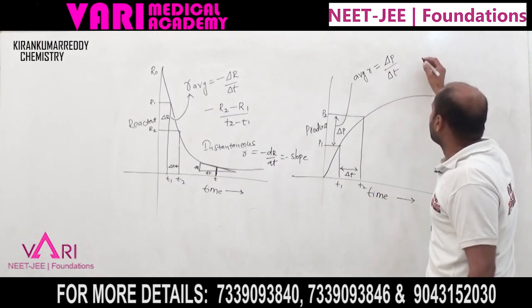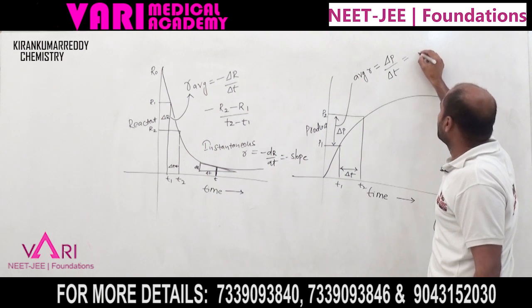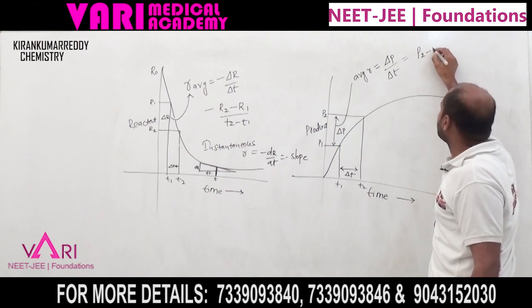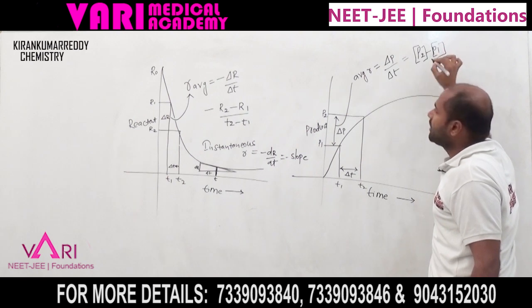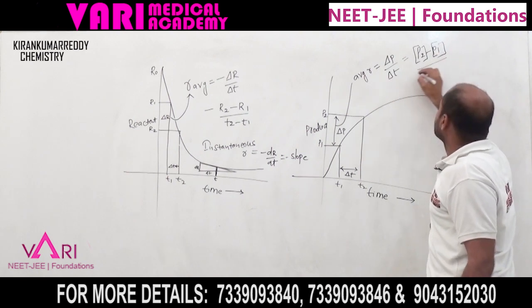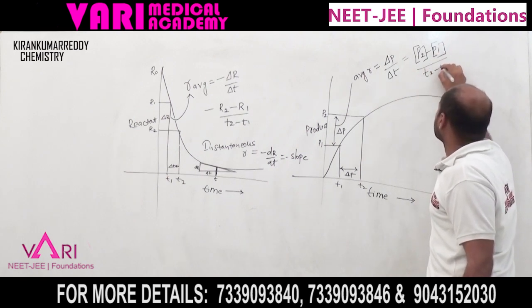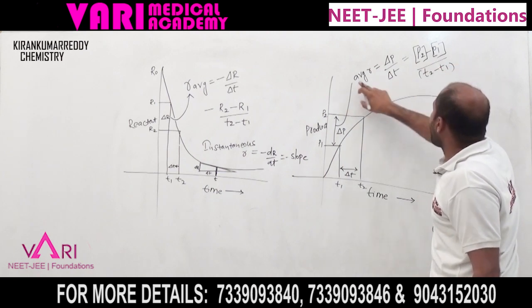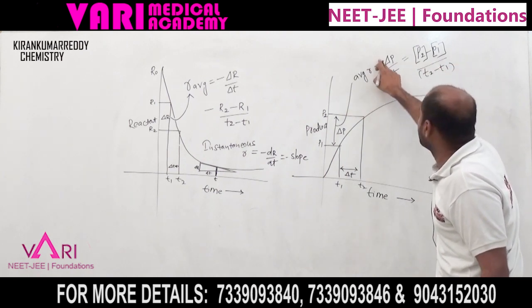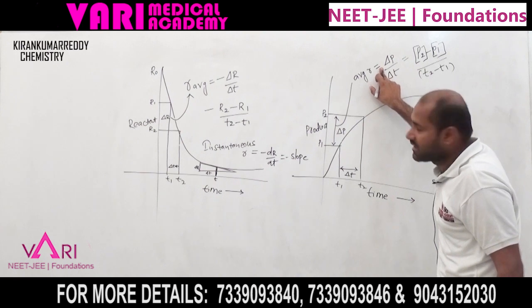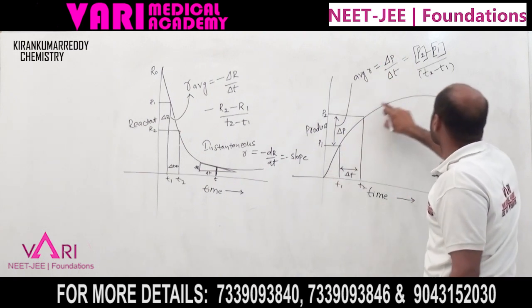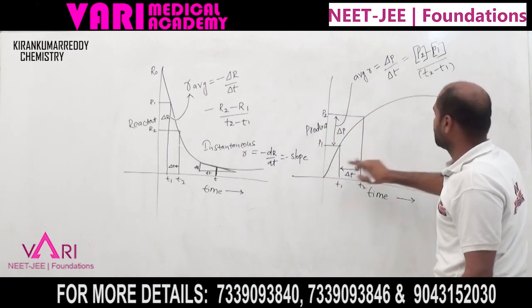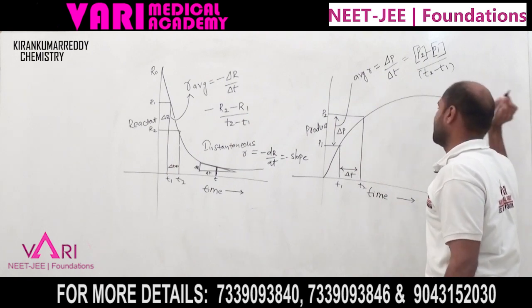Delta P is P2 minus P1, divided by T2 minus T1. This is the average rate of reaction for delta P. We use plus because the concentration of products increases during the course of reaction.